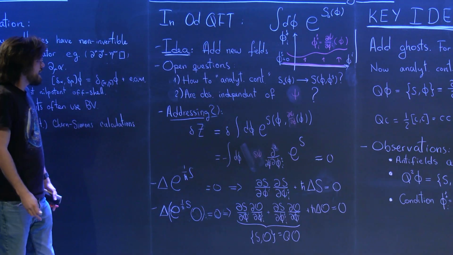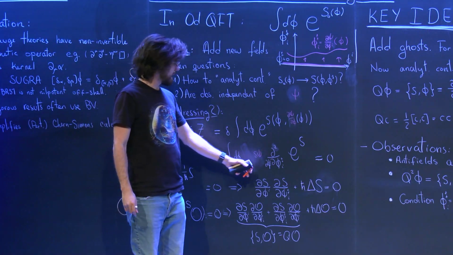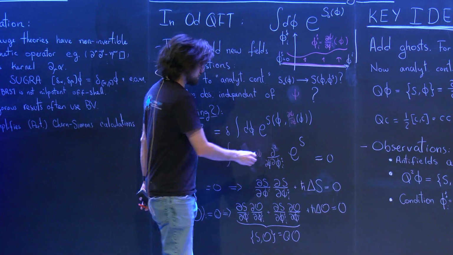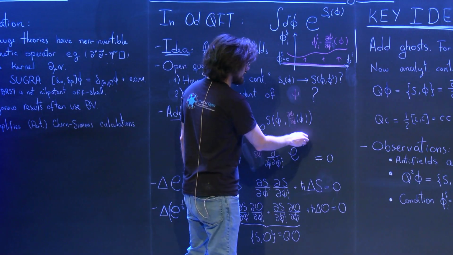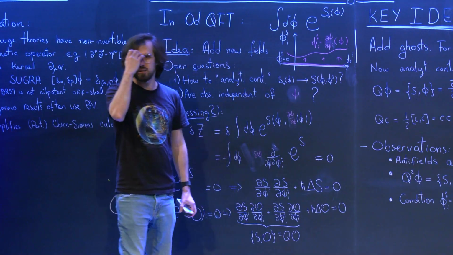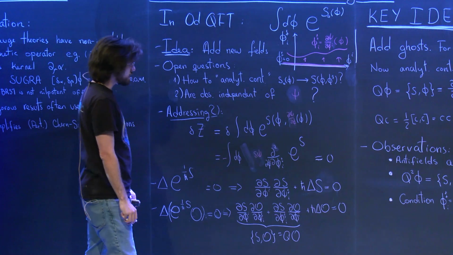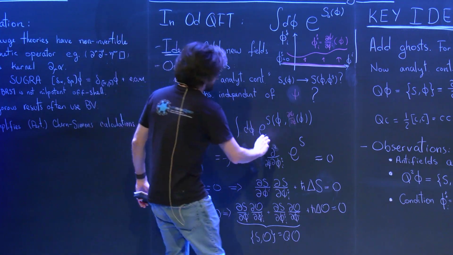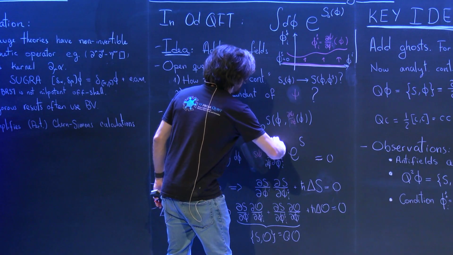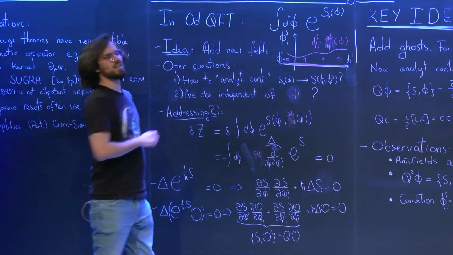So we see, in order to make our partition function independent of psi, all we need is for this sort of Laplacian-looking operator to annihilate my measure, to annihilate my action in a way, or the exponential of my action. This Laplacian-looking thing indeed is called the BV Laplacian, and it's denoted by the symbol delta.